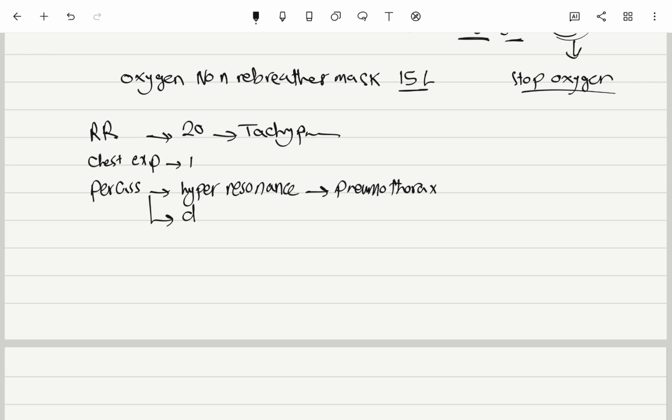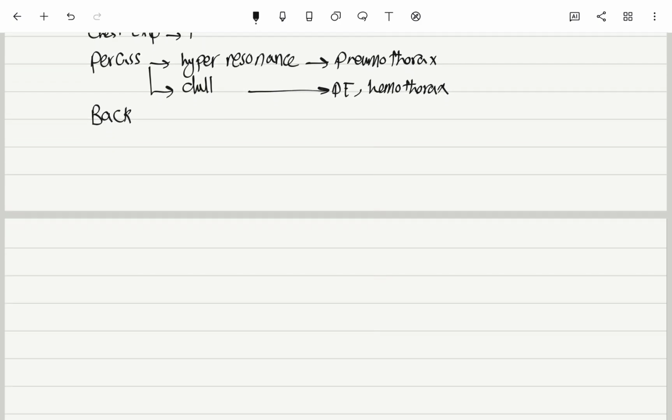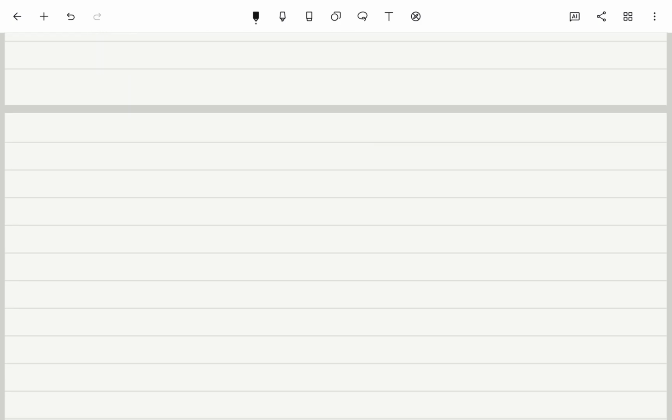And if it is more dull than normal, it may indicate pleural effusion or hemothorax. I will also examine the back. Okay, we finished the breathing.